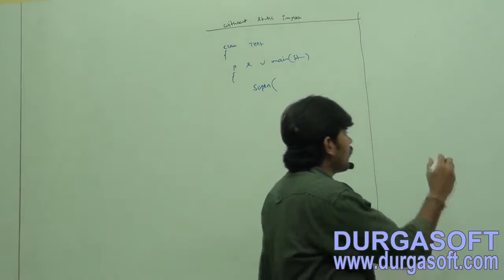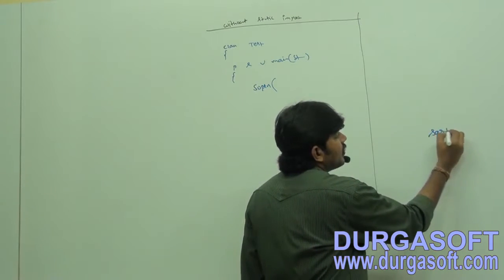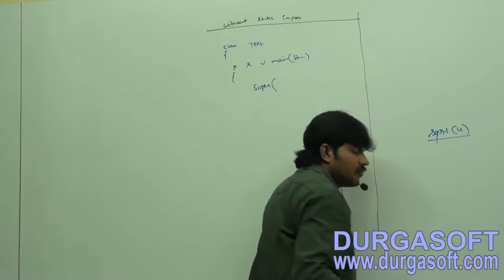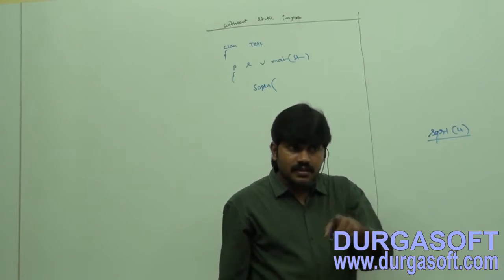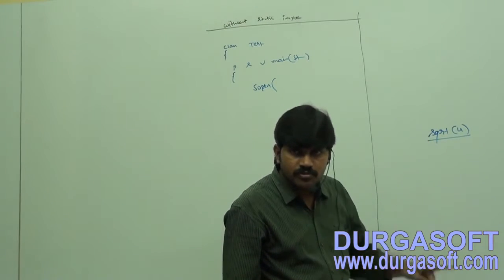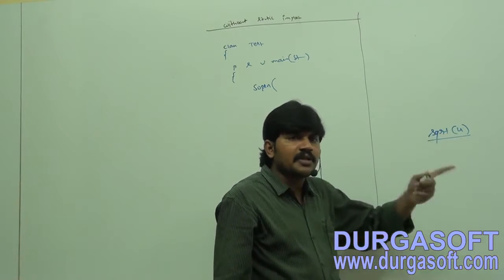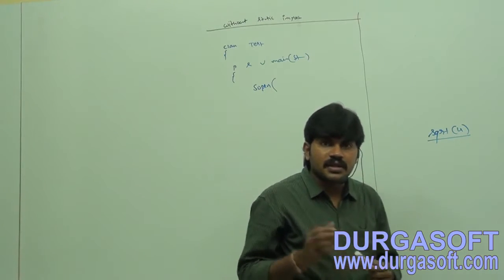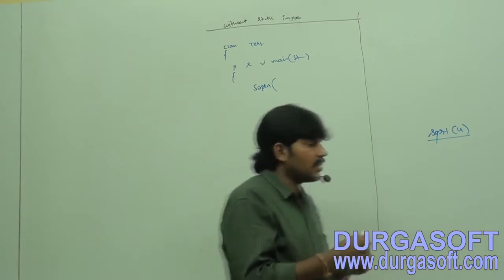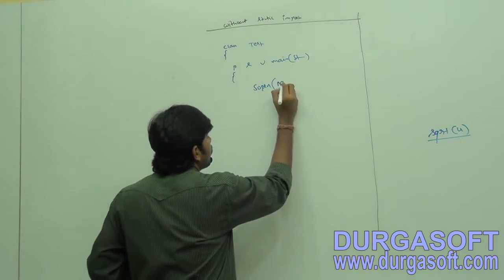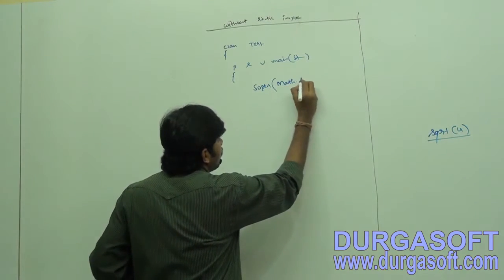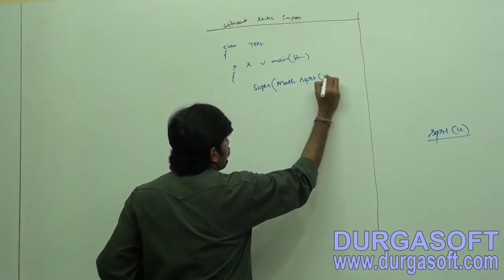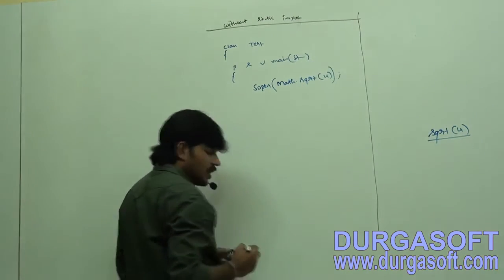Can you tell which class the sqrt method is present in? Math class. The sqrt method present in Math class is a static method. That's why, how can we access a static member? By using the class name. If you want to print, you write Math.sqrt of 4.